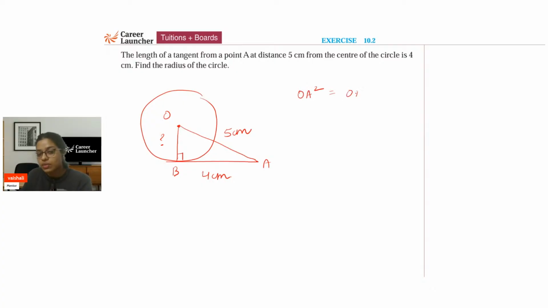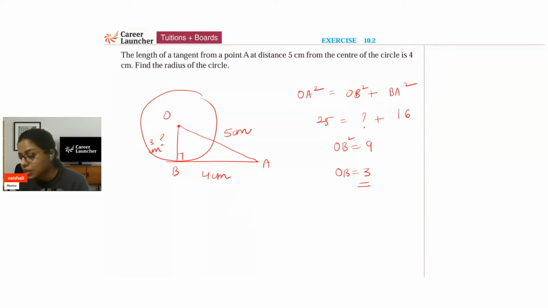OA square is equal to OB square plus BA square, which is 25 is equal to, I don't know कि OB की क्या value है, and BA square is 16. So it means OB square is equal to 9 or OB is equal to 3. ठीक है? So this will be 3 centimeters and we are done with this question also.